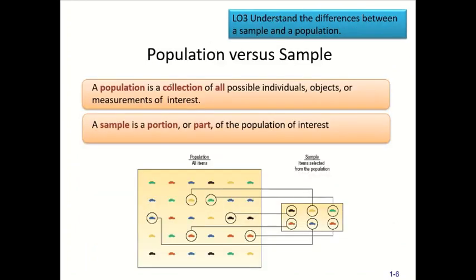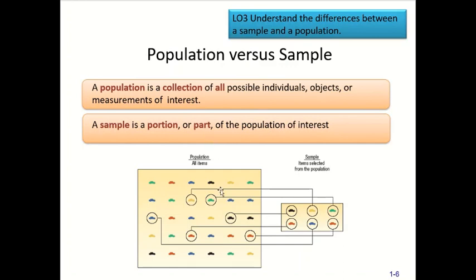Now, delving further into population versus sample. A population is a collection of all possible individuals, objects or measurements of interest. For your class, if each and every student is involved in a particular study or survey, it will be a population survey. When we select a small portion or part of the population of interest, it will be a sample.